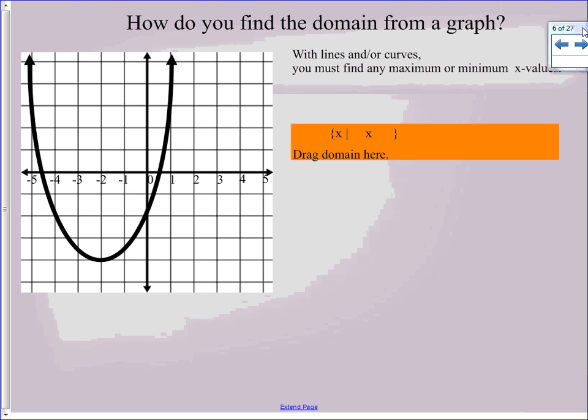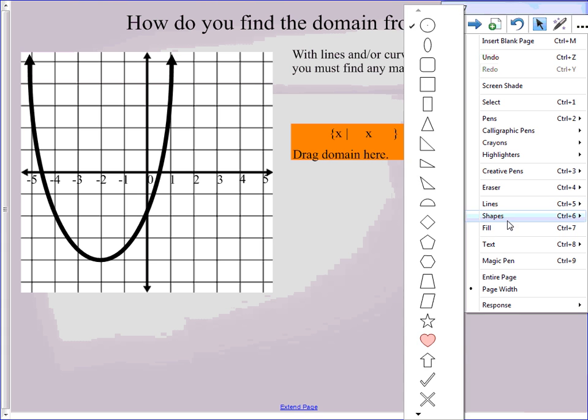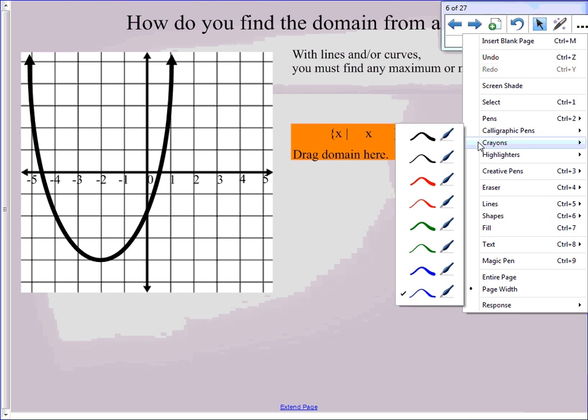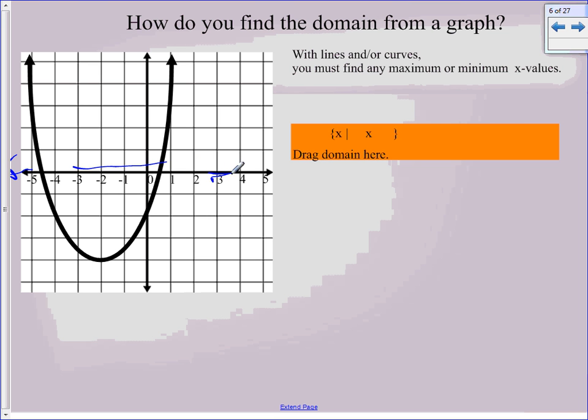How do you find the domain from a graph when there's a curve? So, remember, let me grab a pen. Points that are continuous, okay? So my domain goes from here all the way to here. How do I figure out where my domain begins?